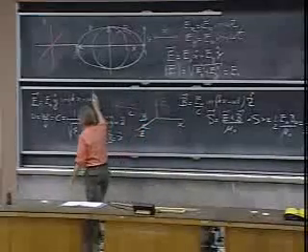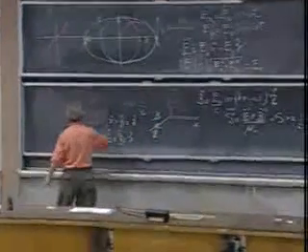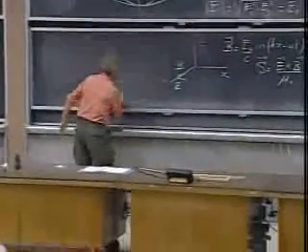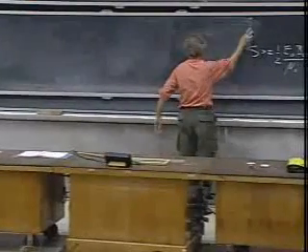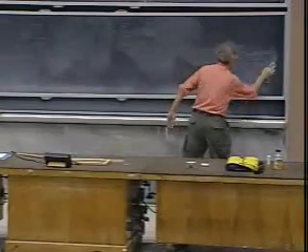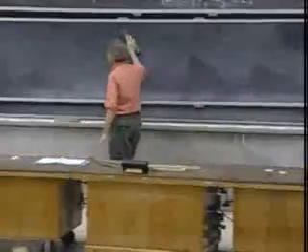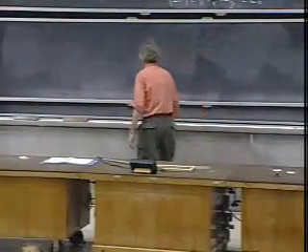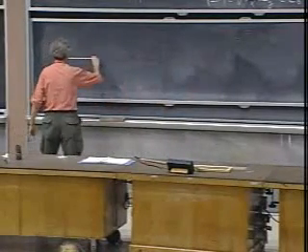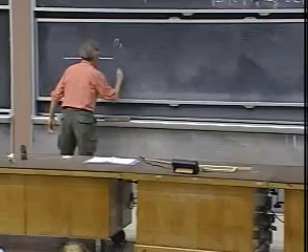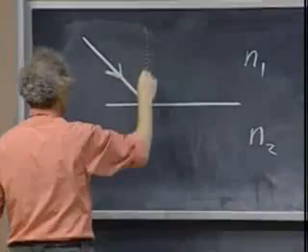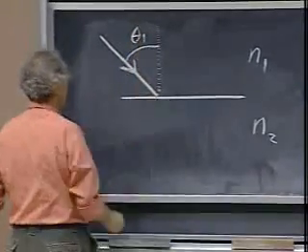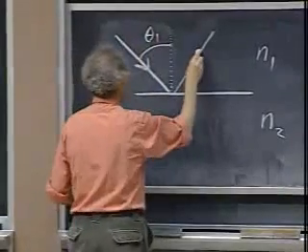Snell's law was discovered 250 years before Maxwell. It's quite an amazing accomplishment, even though you can derive it from Maxwell's equations, of course. But it was derived by this Dutchman 250 years earlier. And what Snell's law tells us is that if we have light going from a medium 1 with index of refraction n1, going to medium 2 with index of refraction n2, and this angle of incidence is theta 1, and this is the normal to the surface, and we get some reflection.